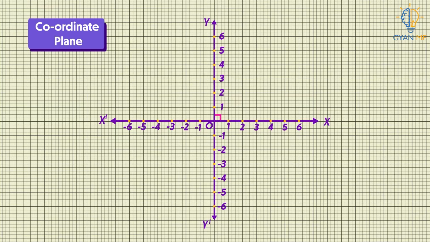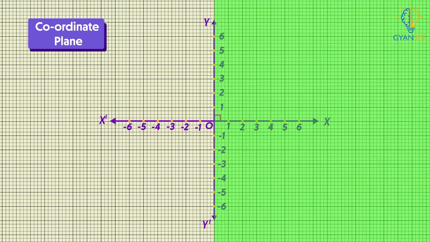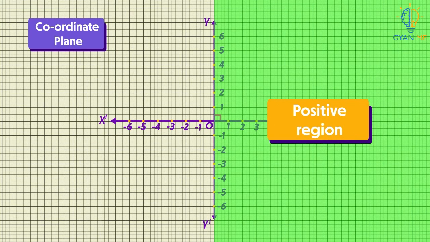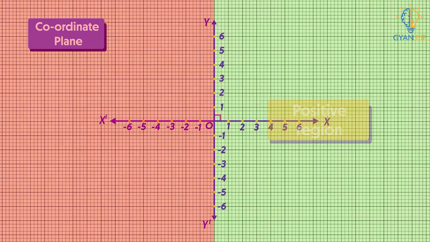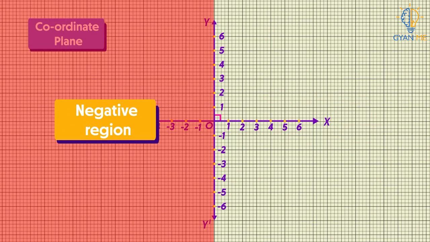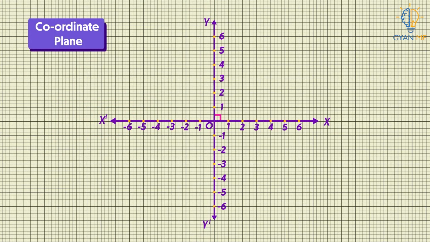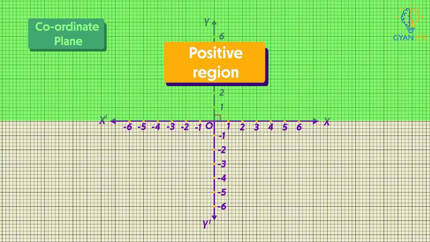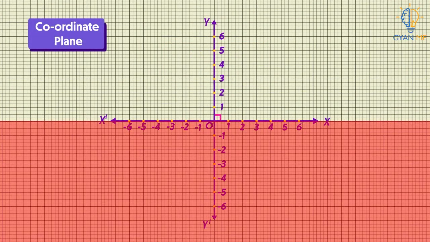On the x-axis, the region to the right of the origin is the positive region, while the region to the left of the origin is the negative region. Similarly, on the y-axis, the region above the origin is the positive region, while the region below the origin is the negative region.